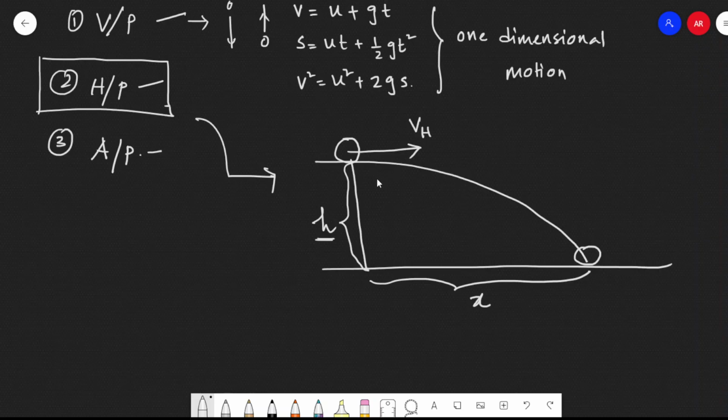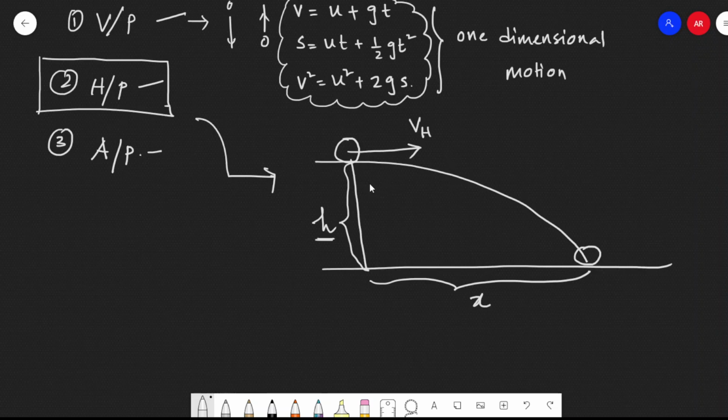So this is what we are going to deal with now: if the object has been projected horizontally, what are the things we have to look at? We will just be considering these equations of motion, which are mass independent.